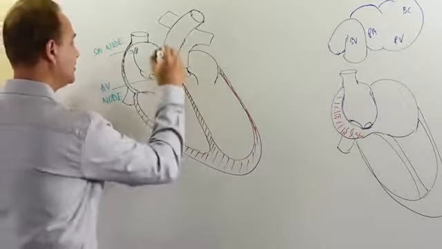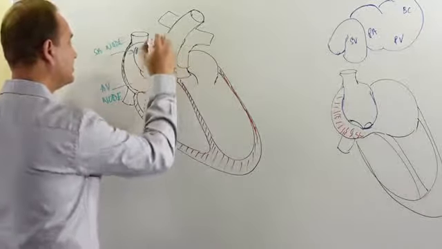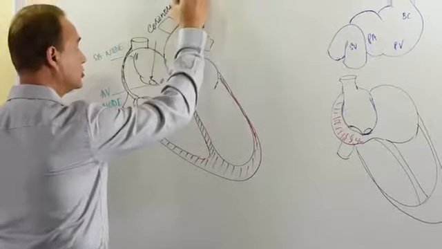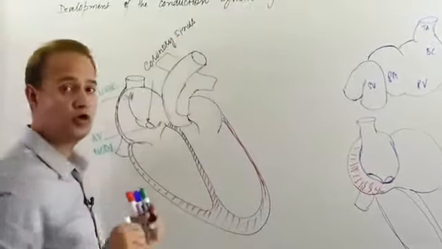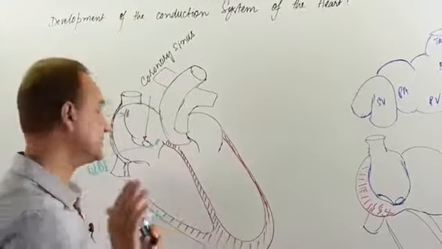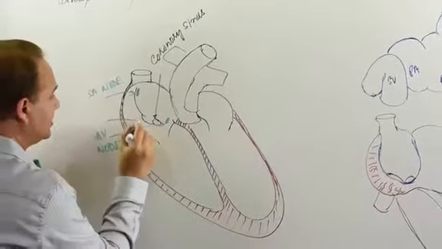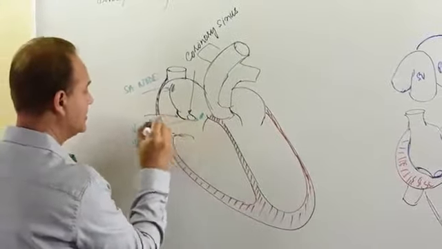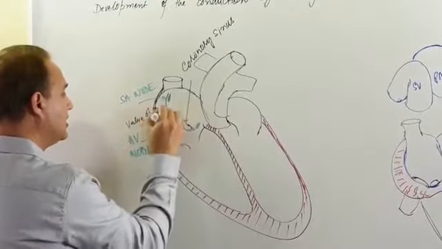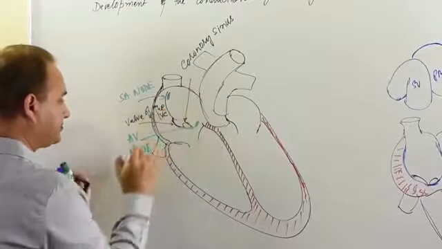So this is the coronary sinus. You know that developmentally the coronary sinus is the attritioned left horn of the sinus venosus. This here is the valve of the inferior vena cava.